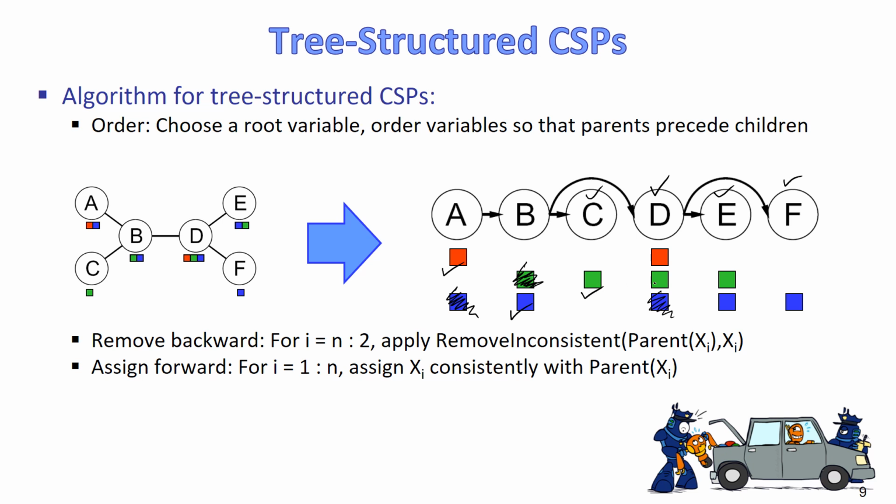Then now we have D. D we have two values, so we have to choose a value that is consistent with the previous ones. What is the parent of D? The parent of D is not C. Okay, watch out. It's not C, it's B. So for that arc, we have to make sure that there will be a consistent assignment.